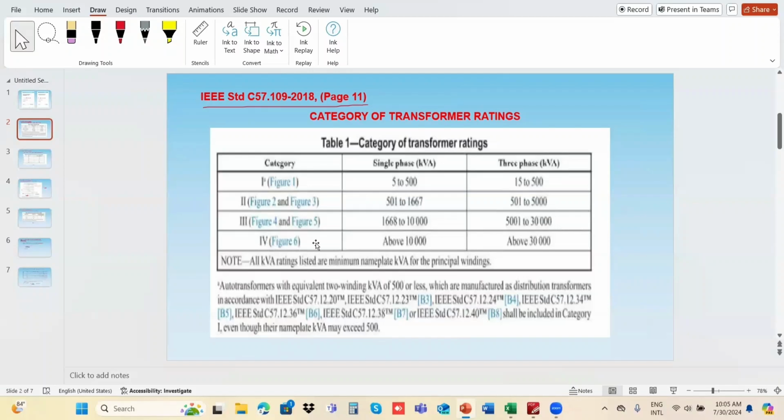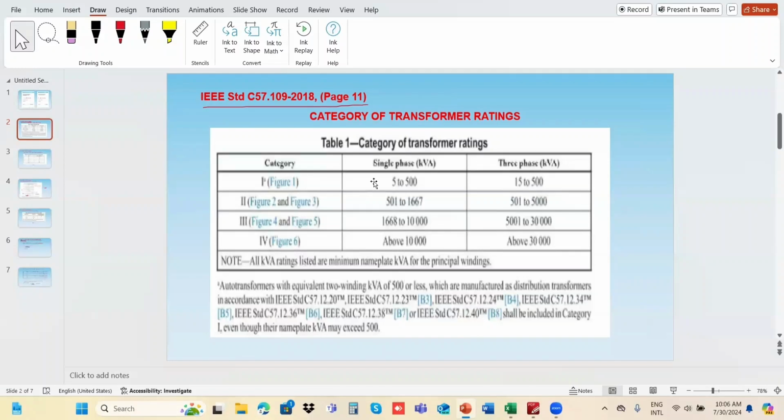And for category 4, for the single phase is above 10,000 kVA, and for the three phase is above 30,000 kVA. So these are the four categories.